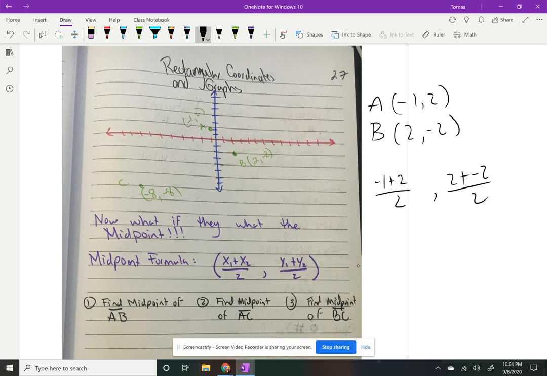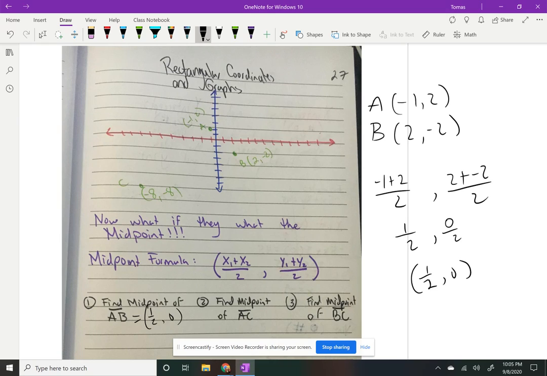So -1 plus 2 is 1 over 2. 2 plus -2 is 0, 0 over 2. And this just becomes 1/2 and 0. So to find the midpoint, we would do this work right here, and this is just 1/2, comma 0.